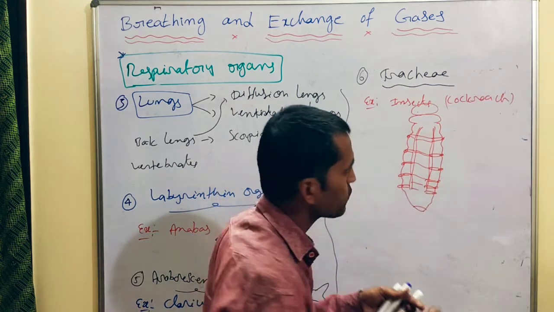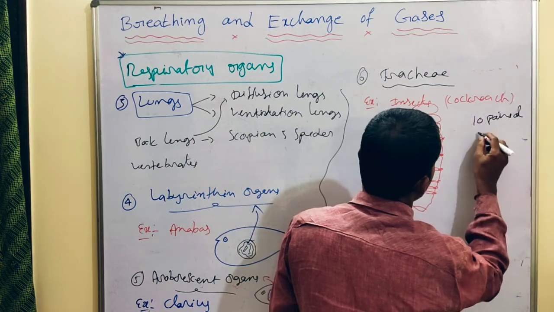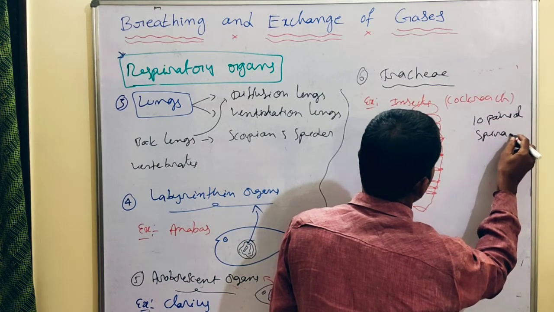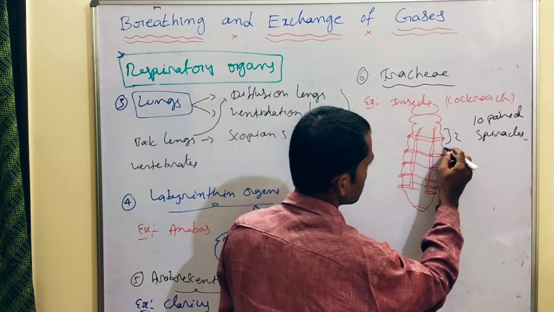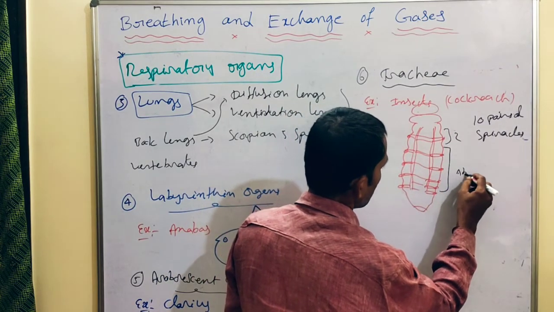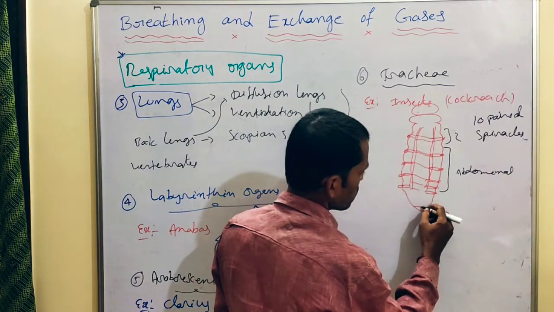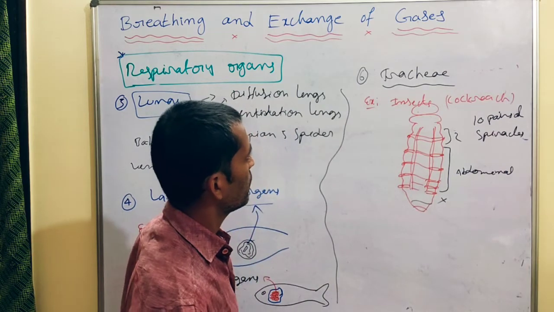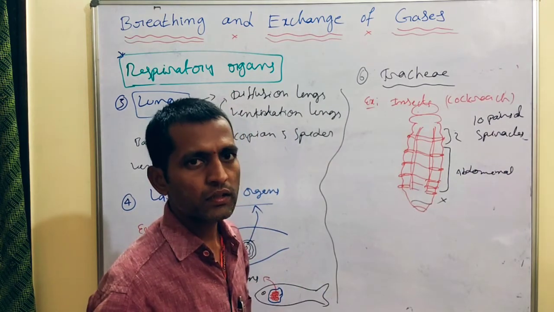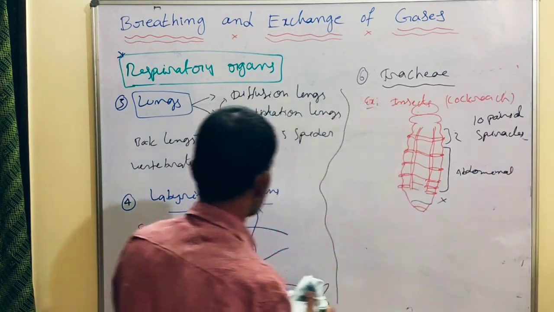There are 10 pairs of spiracles, 2 in the thoracic region and 8 in the abdominal region, but the last 2 segments do not have spiracles. Through trachea, insects do the exchange of gases.